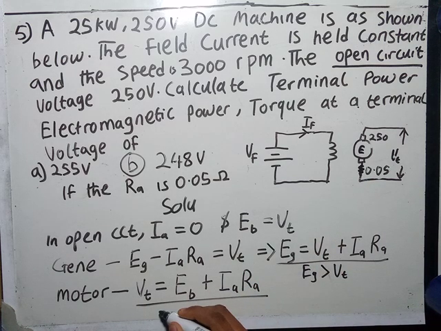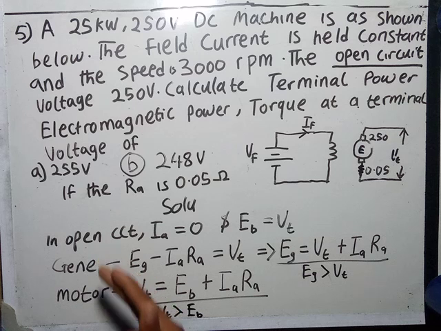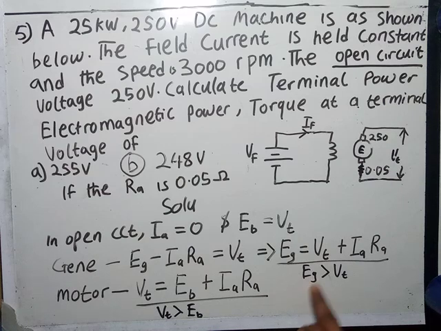So over here we have that Vt is greater than Eb. So that's another difference between the generator and the motor: for the generator, the generated EMF is greater than the terminal voltage, but for the motor, the terminal voltage is greater than the back EMF.